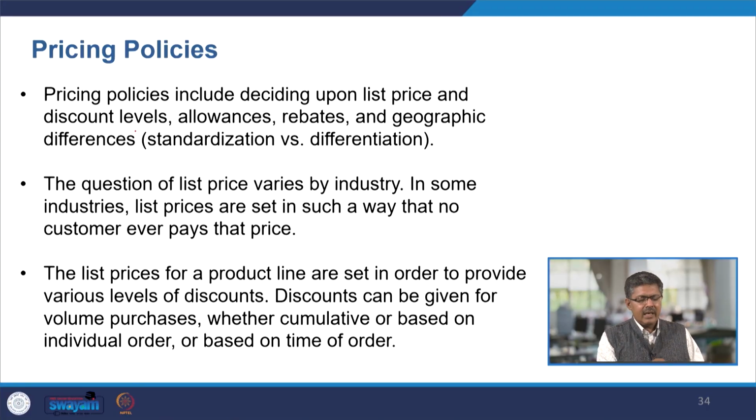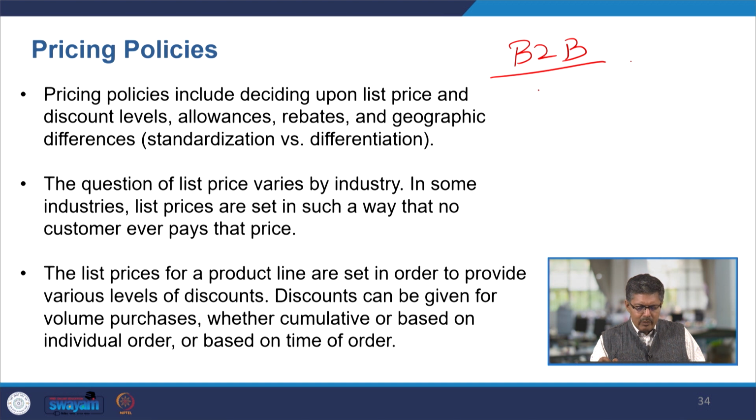Okay. Now, we will come to pricing policies. When you talk about pricing policies, it includes deciding upon the list price and discount levels, how much allowance, rebates and things companies can give. Now, this is more interesting because the pricing policy in the B2B market is more challenging. Why?